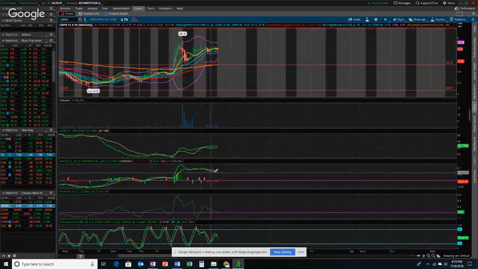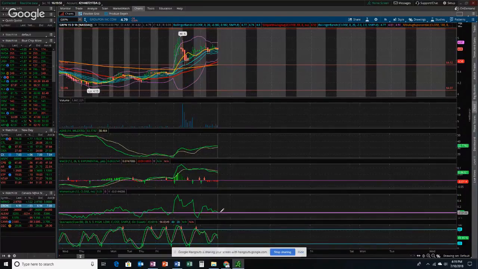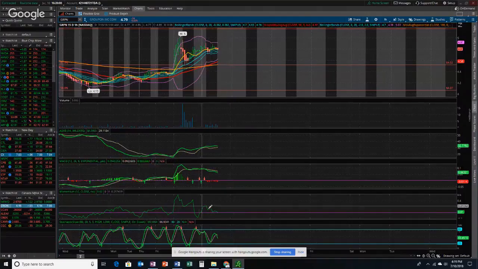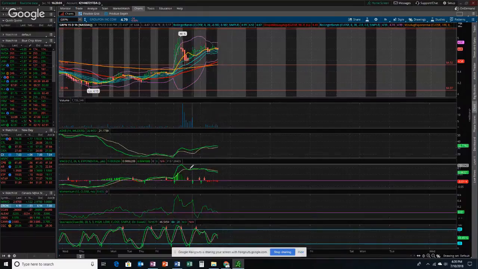It's under the MACD right now. Momentum is barely sitting above the 0 mark. The ADX is perfectly fine. We like that. But remember, if it starts to curl up, you're going to get a bigger drop down. And then basically we're just waiting for this to bounce.